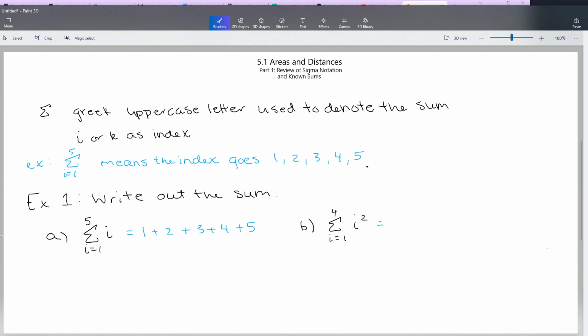So this is going to start with 1 squared, and then 2 squared, 3 squared, and 4 squared. So this is the idea of how we can change between a sum and the sigma notation of that same sum. Let's look at one more of these.